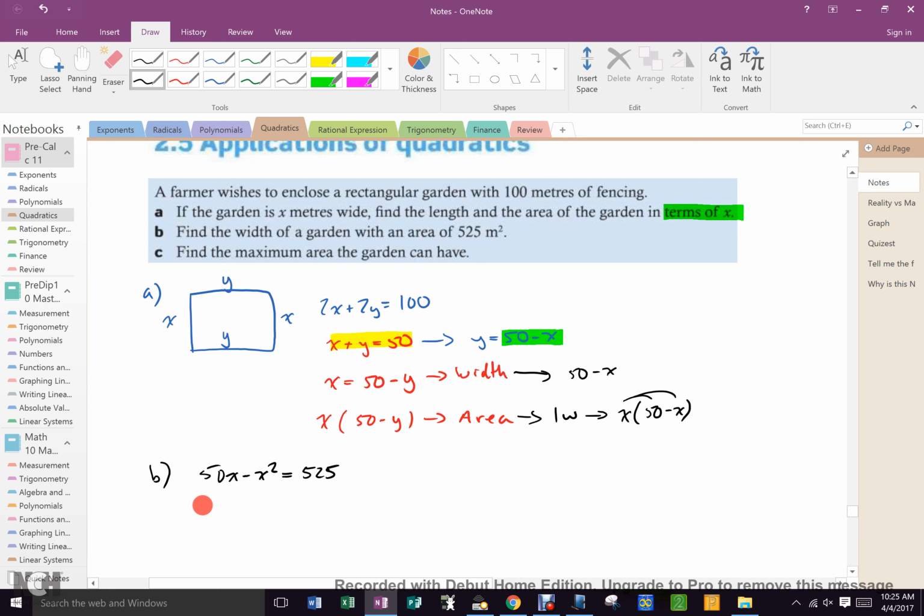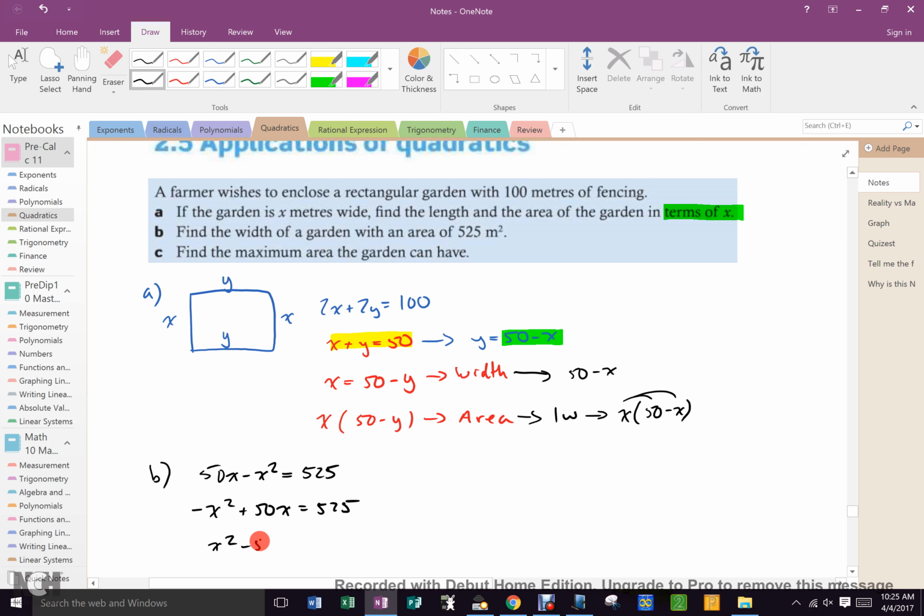Well, I'm going to put it in the right order. Is everybody happy with that? Now what can I do? I can make x squared positive, can't I? Okay, so what would that look like?